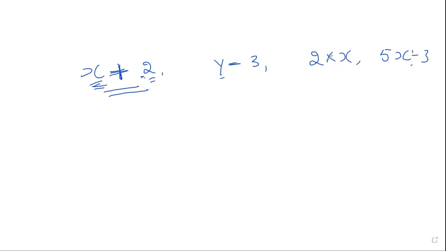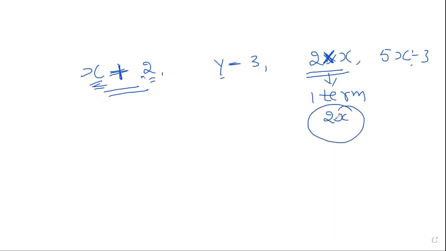If you come to the third one, here we have a multiplication sign. How many terms are here? Are there two terms or one term? Yes, it is one term. Already I have told you only minus and plus signs separate the terms. Here when there is into, 2 into x gives us 2x.